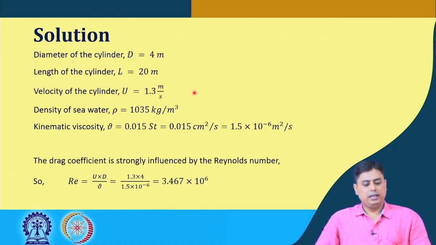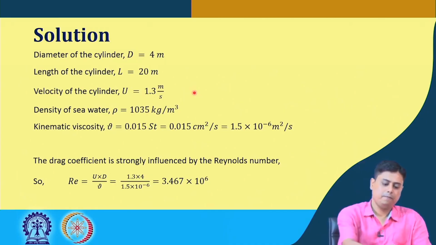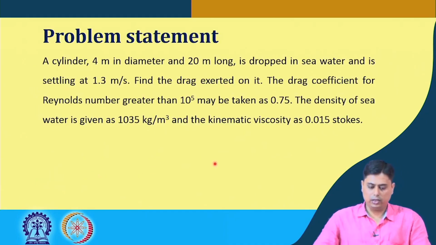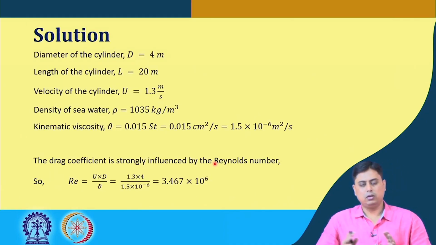The diameter of the cylinder, length, velocity, density of water, kinematic viscosity, all the information are given here. The drag coefficient is strongly influenced by the Reynolds number, because with the Reynolds number drag coefficient correlations are given. Okay. So, we have to find out at first the Reynolds number and check how much it is.